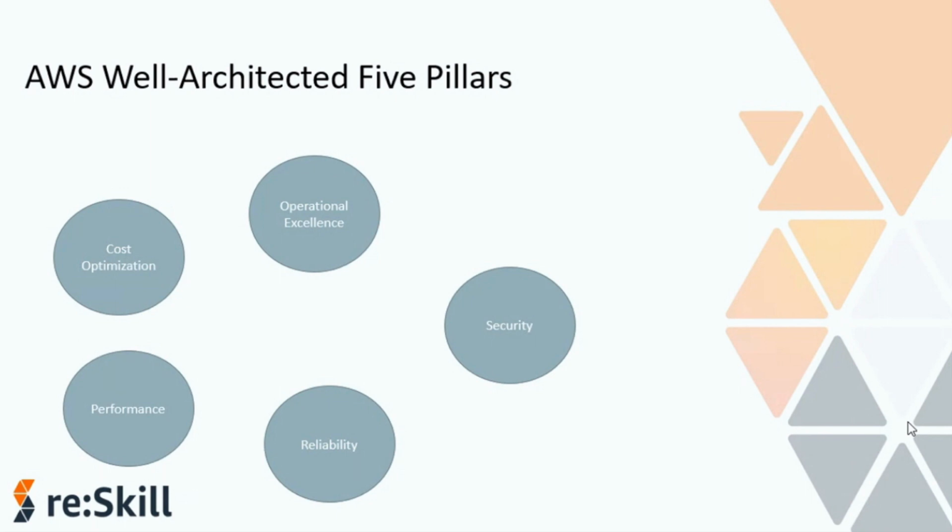Security is the most critical thing for any customer in the cloud. Reliability, performance, and cost optimization. These are the five critical pillars of the well-architected framework. On the basis of these five pillars, we evaluate any architecture and we set architecture best practices. Let us look at each of the pillars phase by phase.